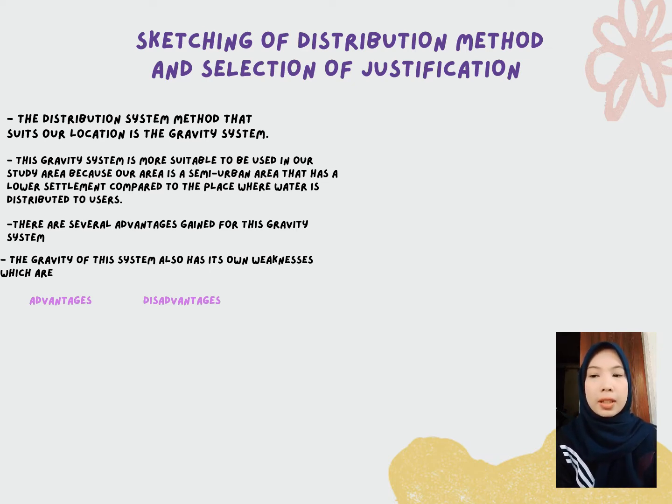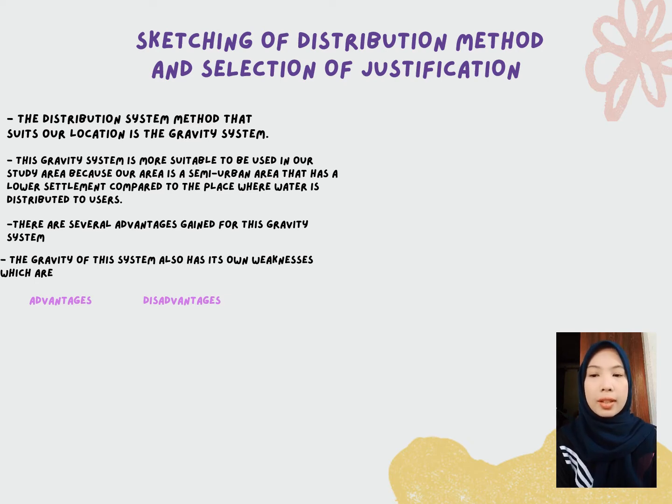The gravity system also has its own weaknesses, which are: first, if the pressure is too low, it may cause distress to the user. And second, loss of head will lower water pressure.